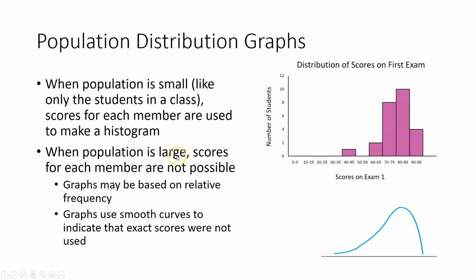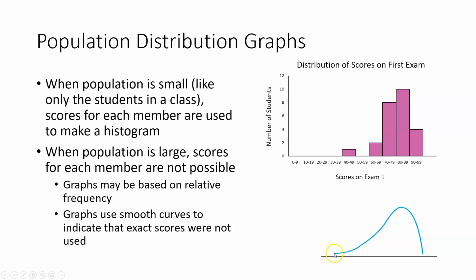But when a population is large, scores for each member are not always possible. We can't measure them all. And so instead of using bars to reflect a precise number of students who got each value, we might use smooth curves to indicate that exact scores weren't measured in this population graph.